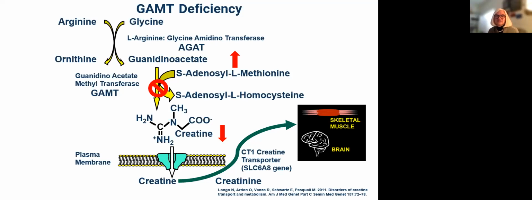So we have arginine and glycine that are converted into guanidinoacetate through the enzyme AGAT, and then guanidinoacetate into creatine with GAMT. So if we have a metabolic block here, because the enzyme is not working properly, we are going to see an increase in guanidinoacetate, which is the substrate of this reaction, and a decrease in creatine.